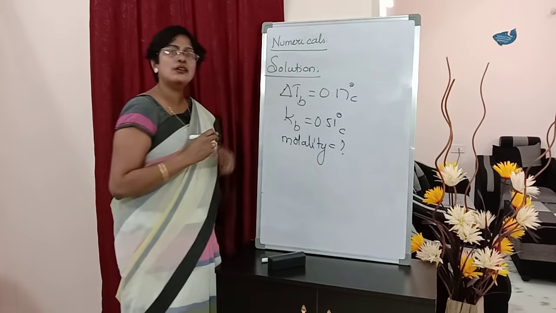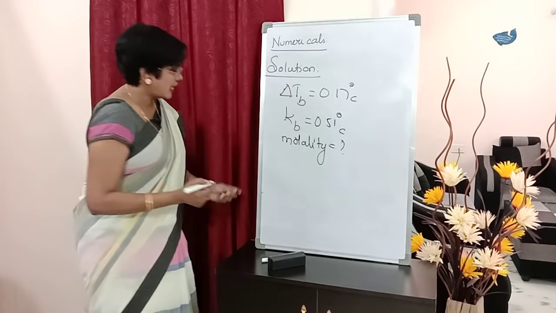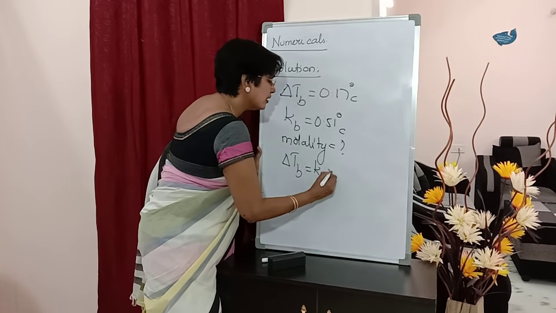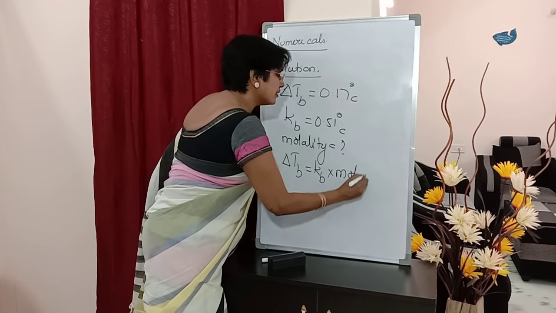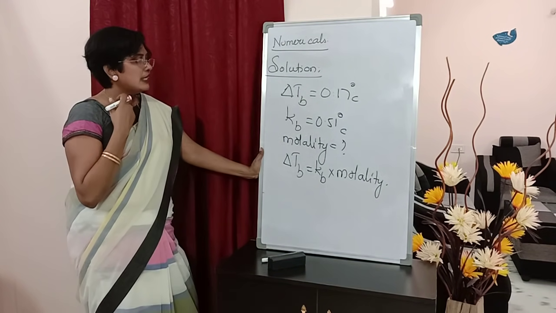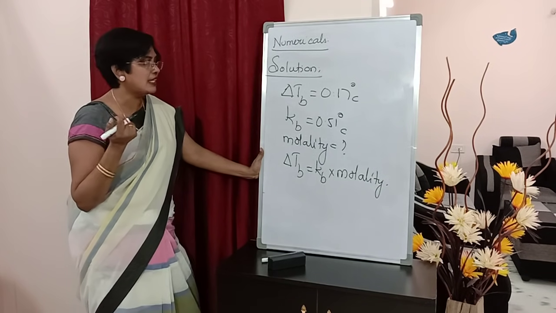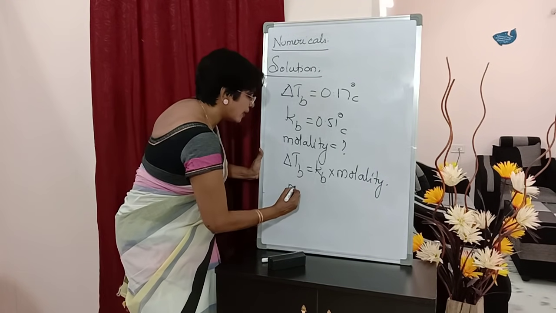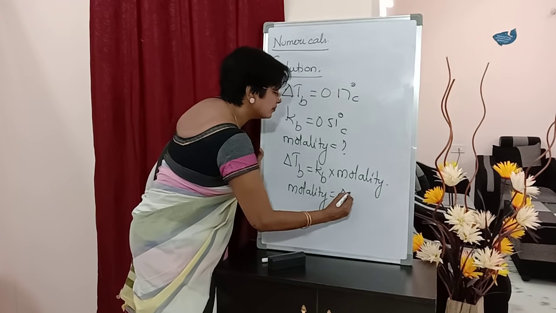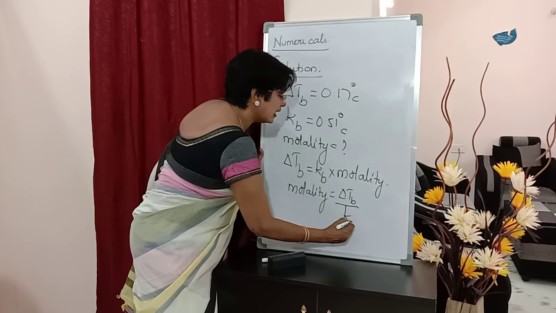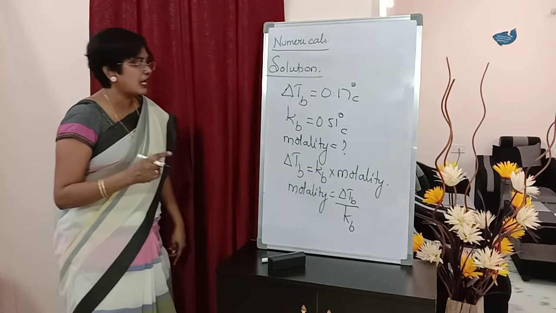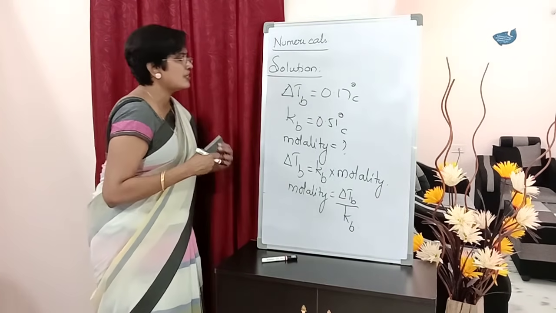Write down the formula: delta Tb is equal to Kb into molality. So, molality is equal to delta Tb by Kb. Direct substitution, students.